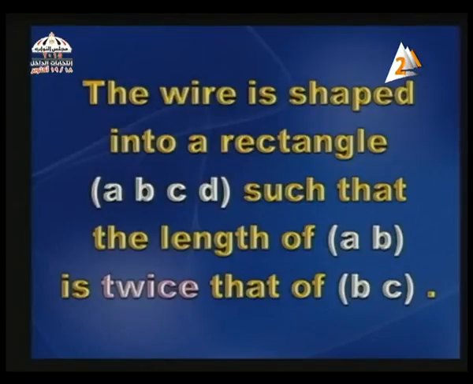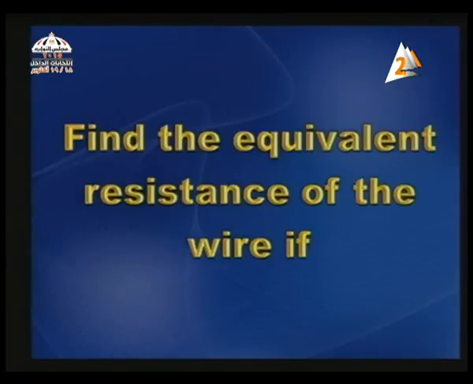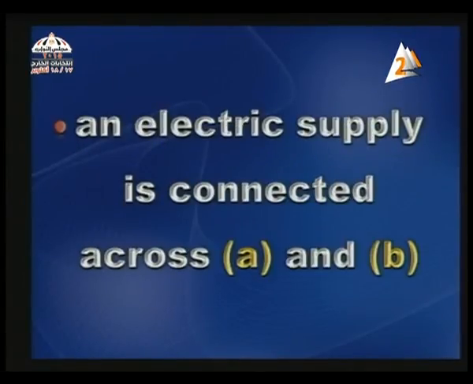Okay, the wire is shaped into a rectangle ABCD such that the length of AB is twice that of BC. Find the equivalent resistance of the wire if an electric supply is connected across points A and B, and if an electric supply is connected across A and C. First of all, we need to calculate the resistance of the wire.